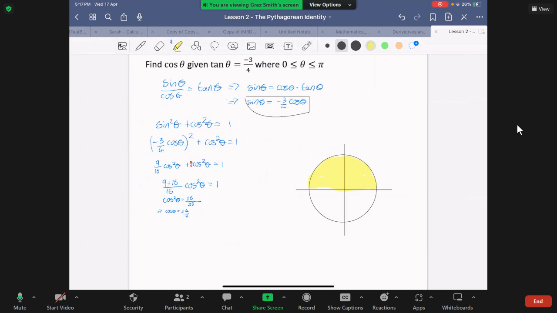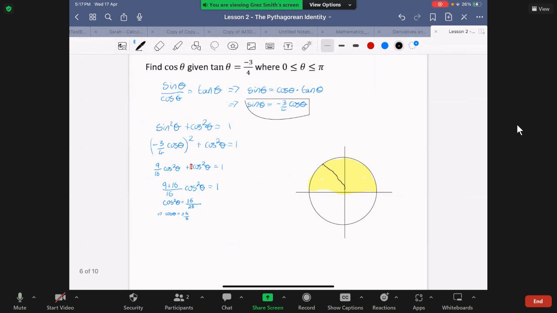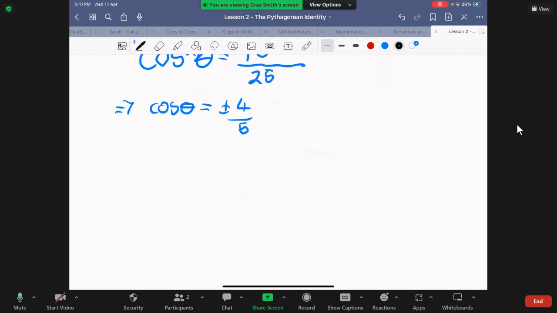But the tangent value is very clearly negative. So the angle is here. The tangent value is negative in the second and fourth quadrant. It's positive in the first and third quadrant. So we can tell by the information given in the question that the angle that we're after is in the second quadrant. So if the angle is in the second quadrant, then the cosine value has to be negative.